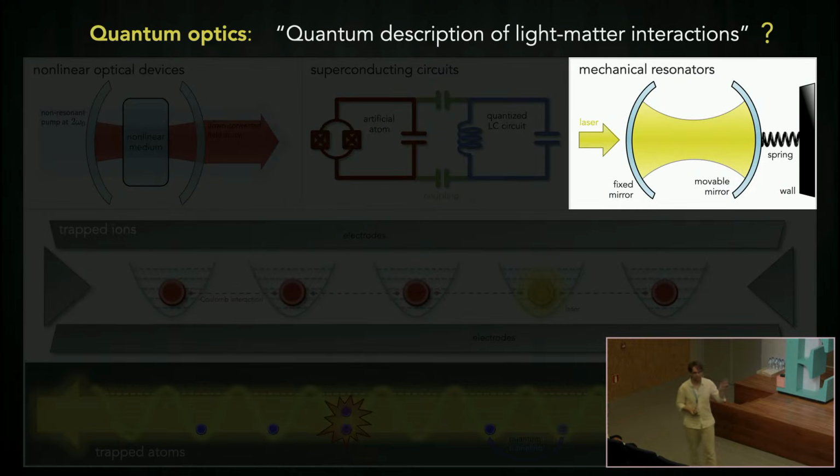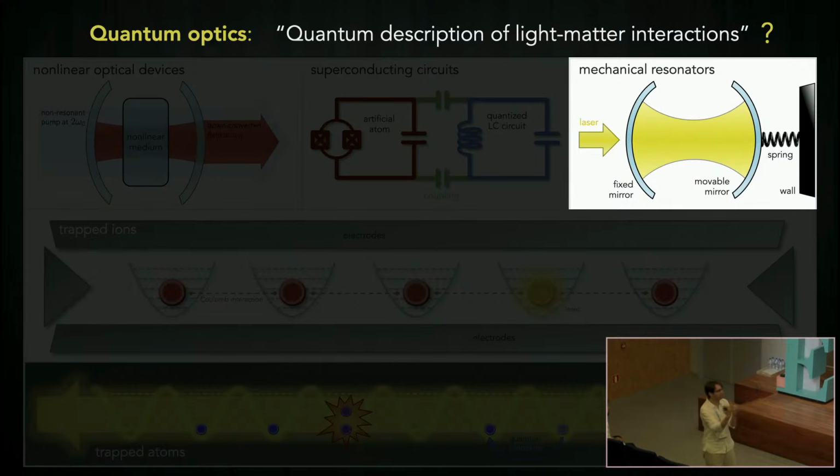Then you have a whole field of mechanical motion driven by light or electromagnetic fields in general. That doesn't need to be light. It could be another type of electromagnetic radiation, in which, for example, you have a mechanical element that reacts to light. In this case, you have a mirror that can oscillate, and when light pushes into it, it moves.